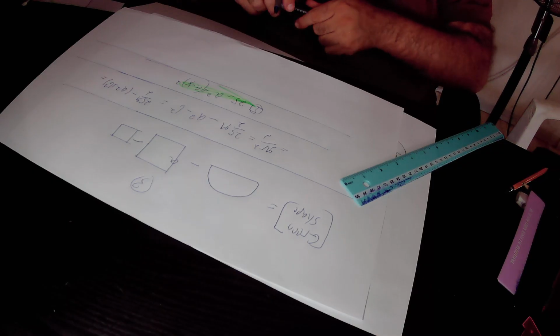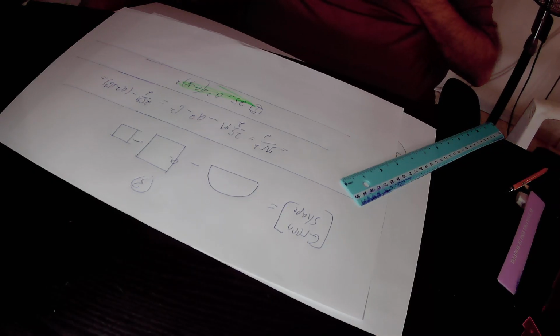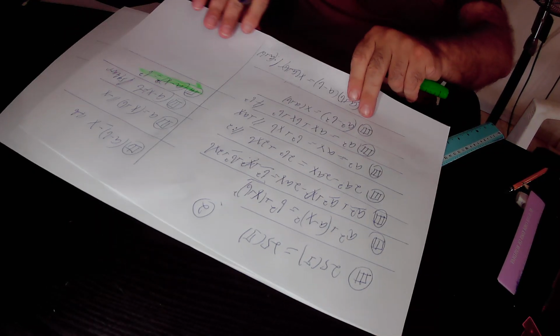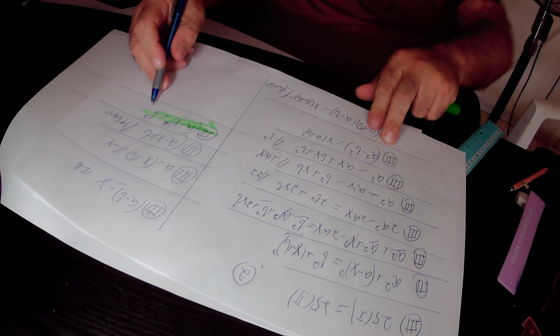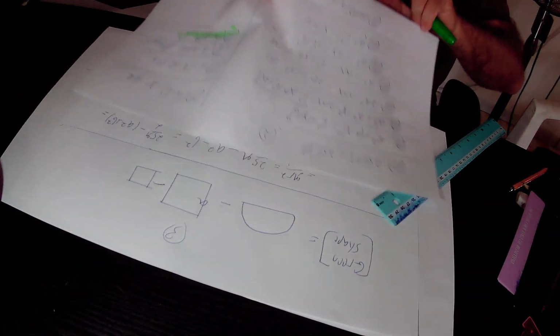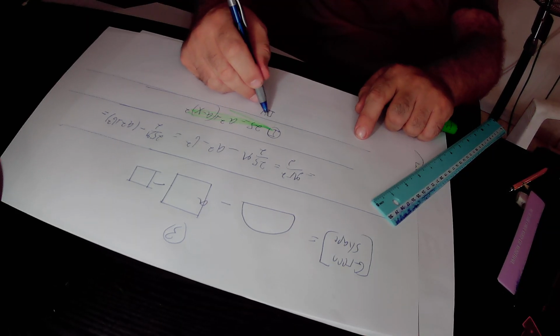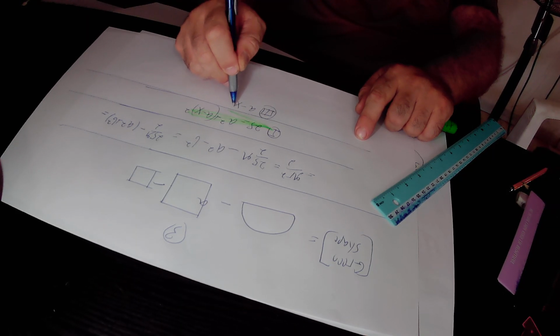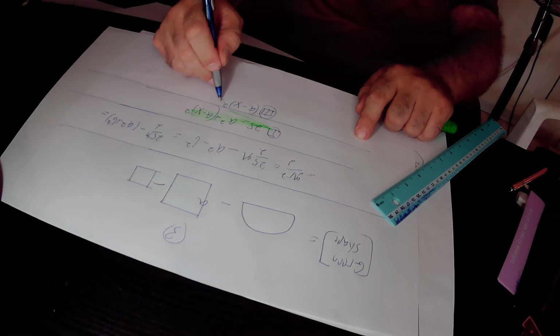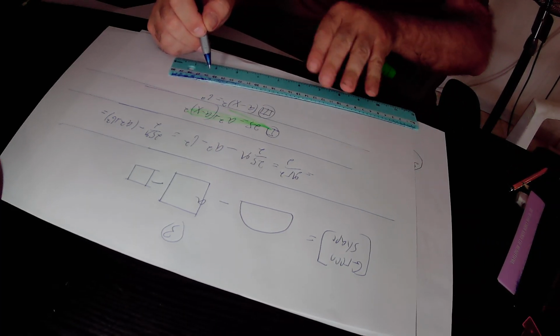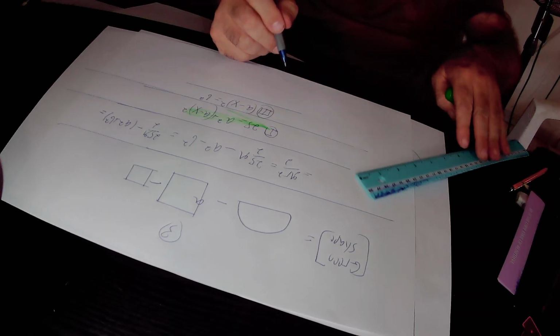And according to equation 3, we have already found out that (a minus x) square equals b square. This is according to equation 3.